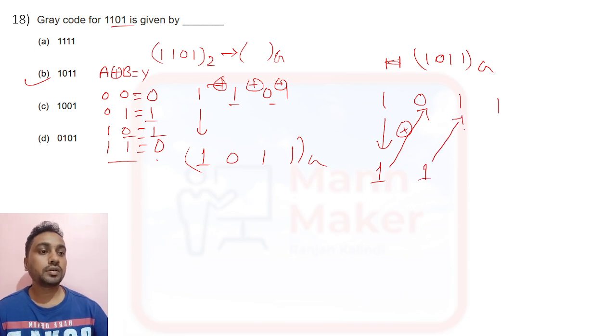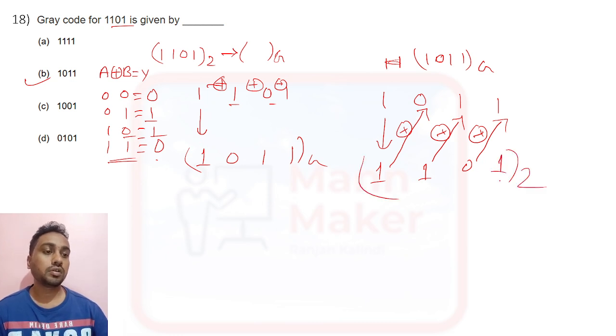Then again this 1 and 1 XOR is 0. Then again 0 and 1 XOR is 1. So this is binary. Like this you have to convert gray to binary and binary to gray.